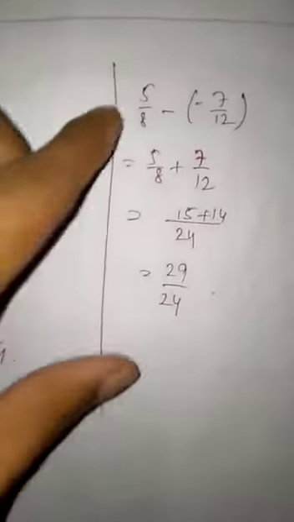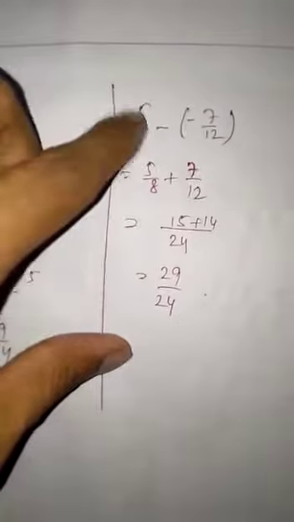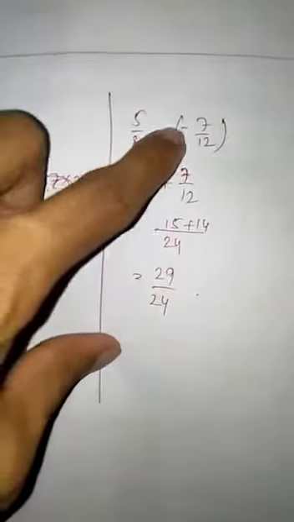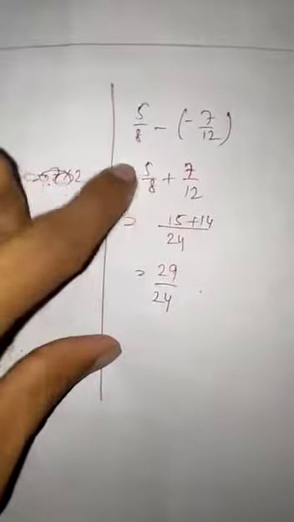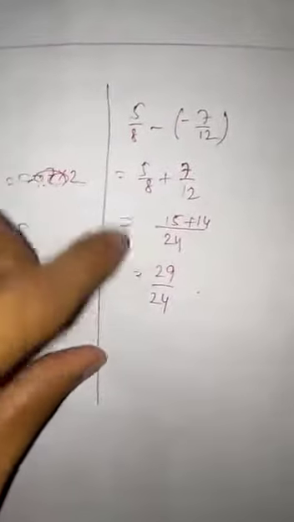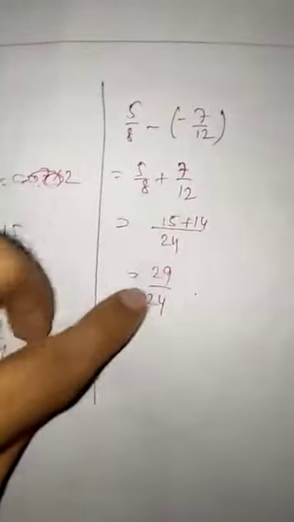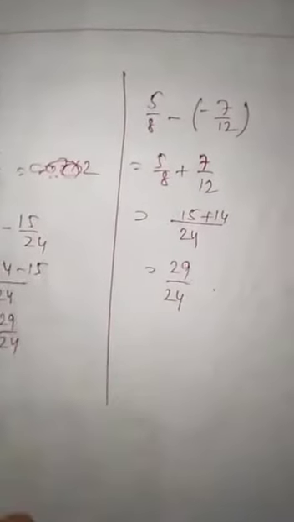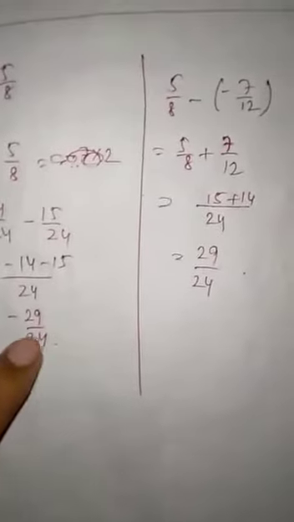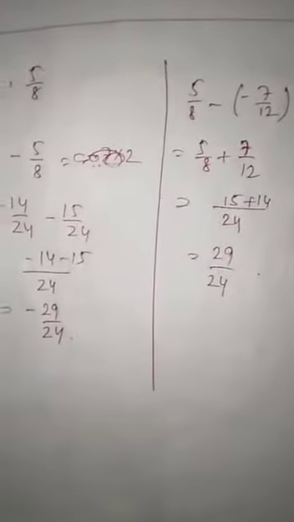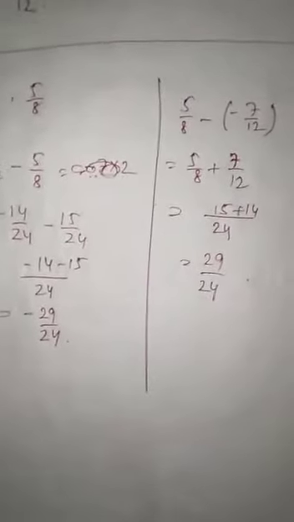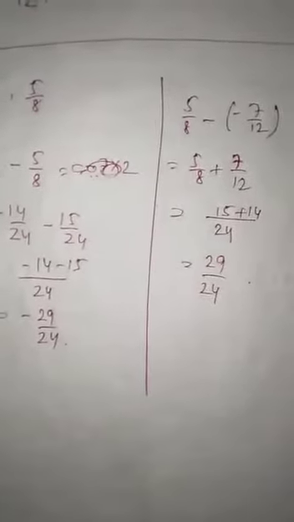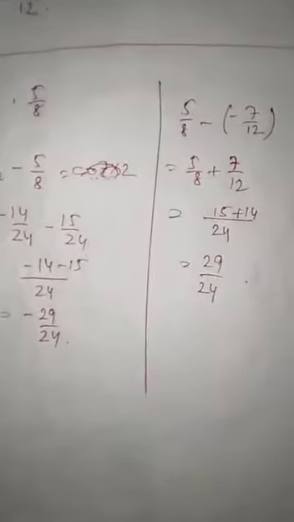But if we change the order, that means 5 by 8 minus 7 by 12, then we know that minus and minus will be plus. So 5 by 8 plus 7 by 12, 24 will be the LCM and the answer will be 29 by 24. So in this case the result is not the same. So we can say that the subtraction of two rational numbers is not commutative.